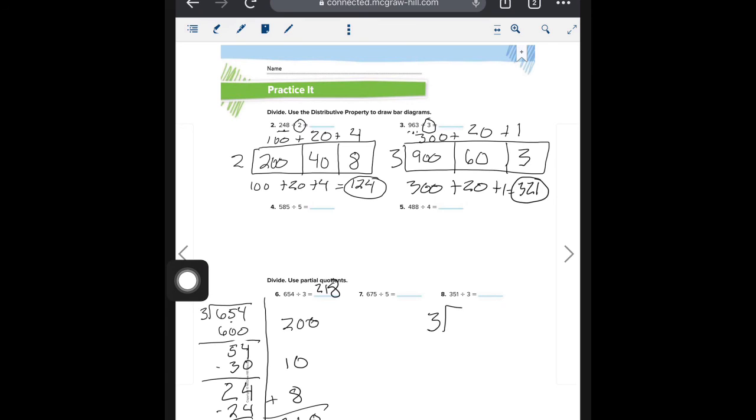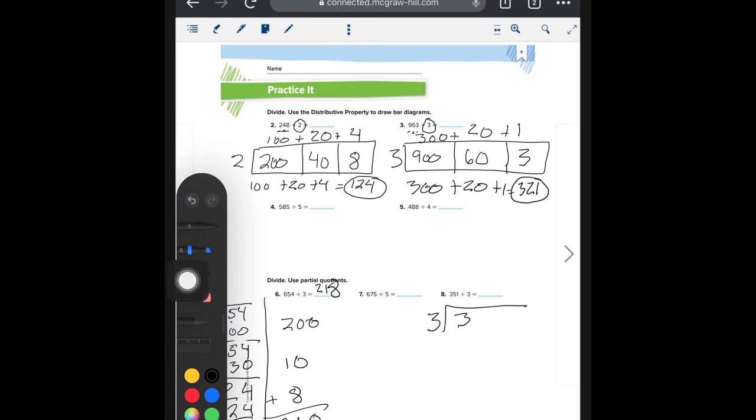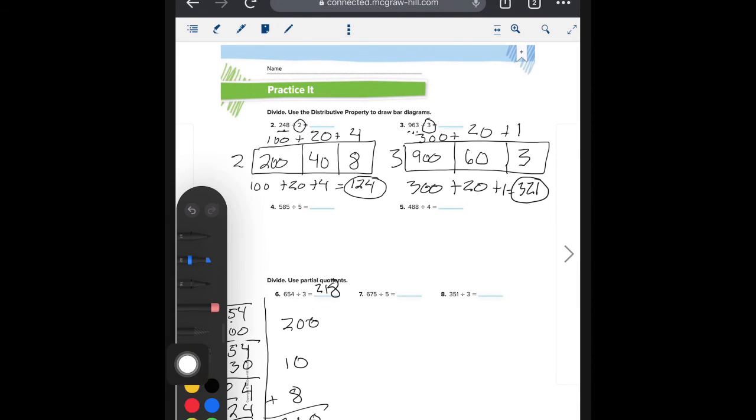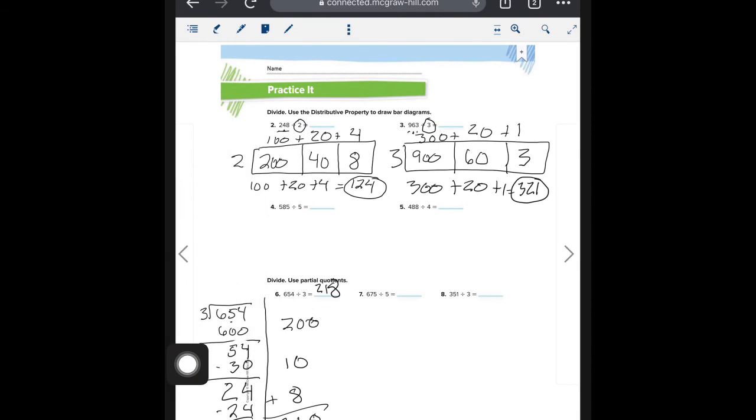We have 3 that will go into 300. Let's see, I'm going to write this. 3, I'm going to give myself some room. 351.